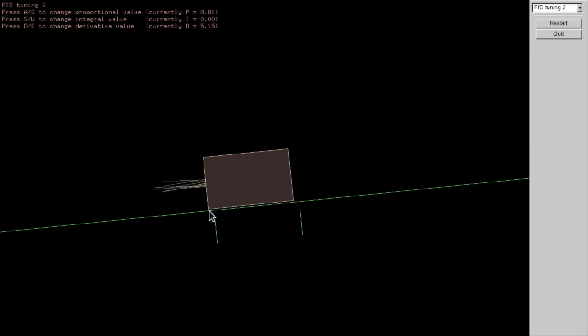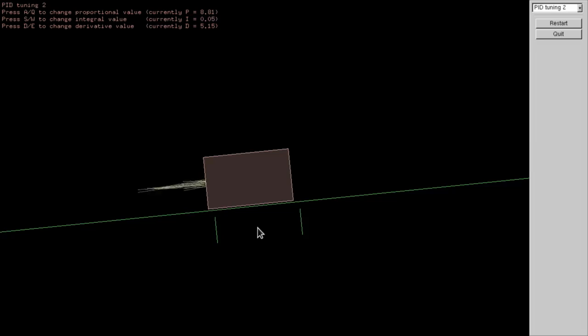So the longer it spends away from the target, the larger the I-term will become, or the stronger the correction will become. And what that does is that it'll fix this little offset that we get from the outside influence.